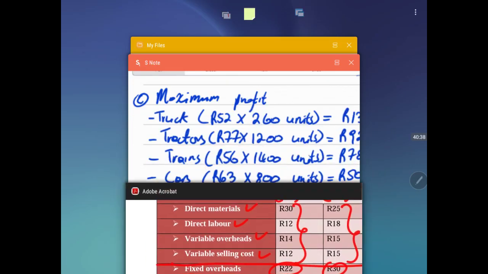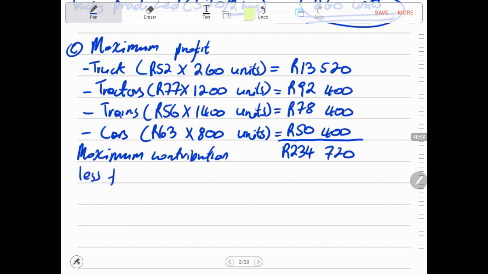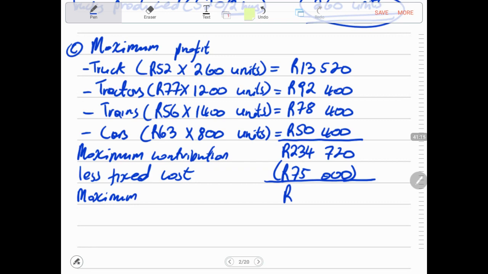So now in the calculation of the maximum profit, we have now to say this is our maximum contribution, in fact, then we have to say less fixed cost, and our fixed cost will be 75,000 rands. Then when we deduct, we get to really what we call maximum profit.